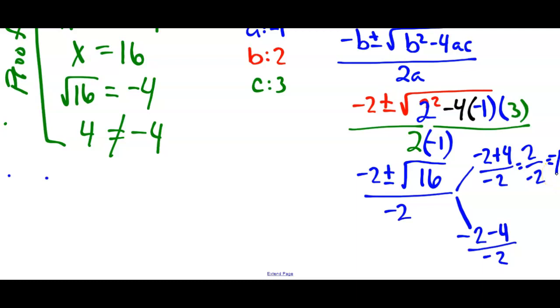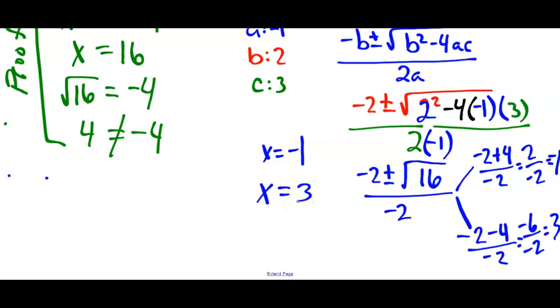So one of my solutions is negative 1. Negative 2 minus 4 is going to give me negative 6, divided by negative 2 is going to give me positive 3. My other solution is x equals positive 3.